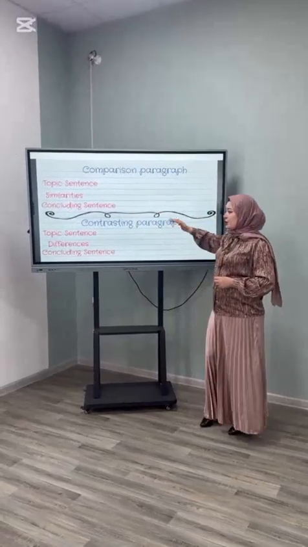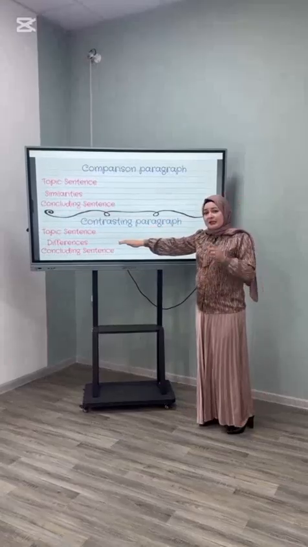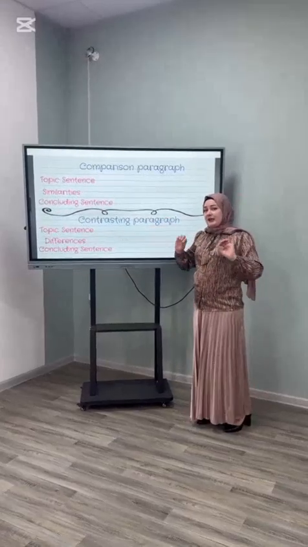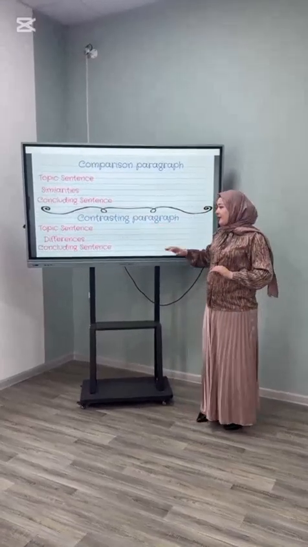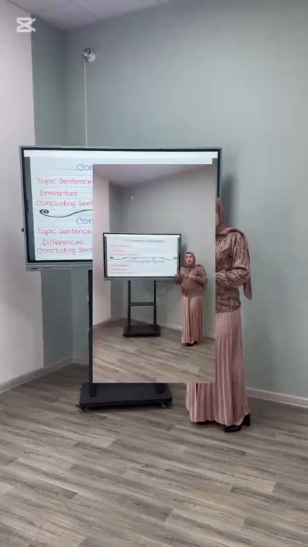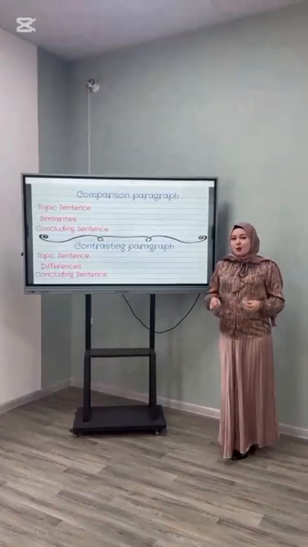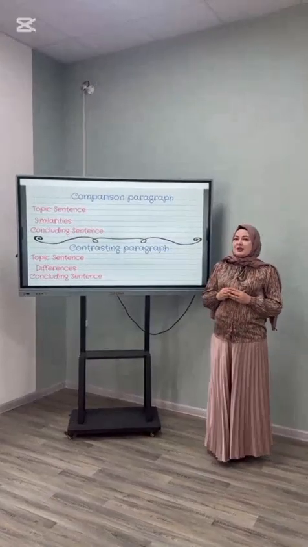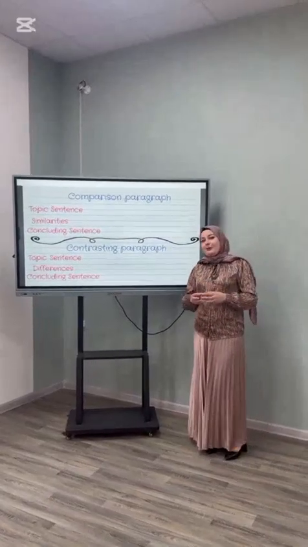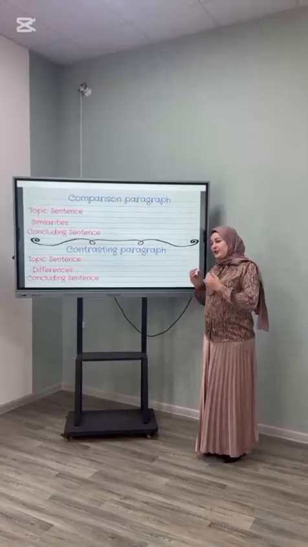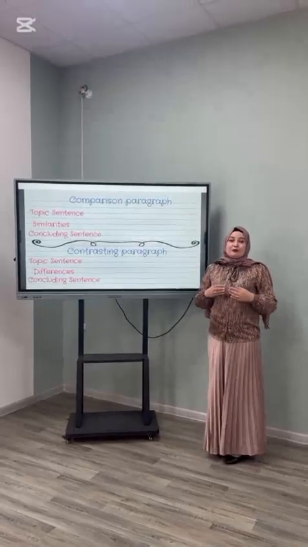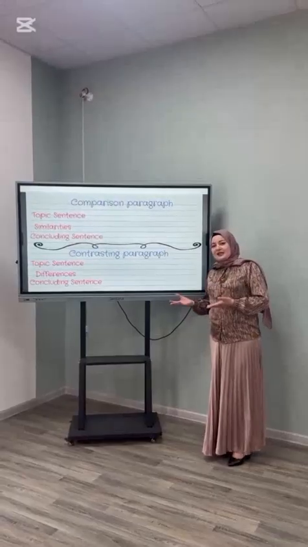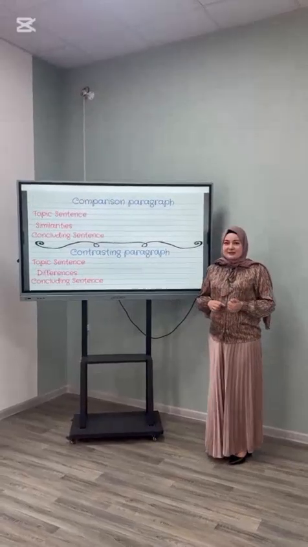The contrasting paragraph has the topic sentence, differences, information given in each side of the Venn diagram, and then the concluding sentence. Whenever you decide to write your own compare and contrast essay, I would highly recommend you use the sample sentences which can be effectively used for your topic sentence and concluding sentence.